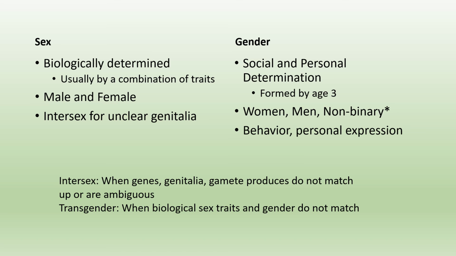By the age of 3, if you ask a child, are you a boy or a girl, they will have an answer. It may be what they were taught, but it's not always what they were taught. And if it's not what they were taught, then they are transgender. Their biological sex traits and their gender don't match.